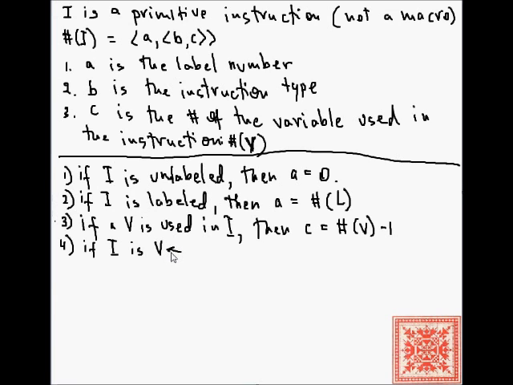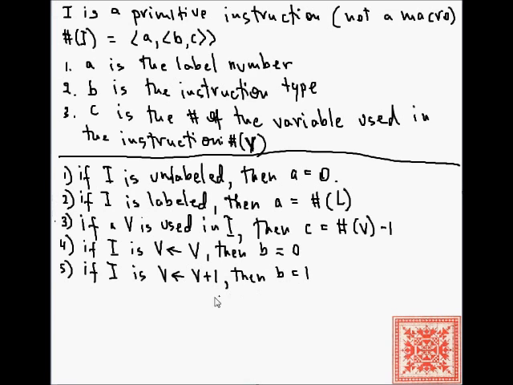If I is the self-assignment or no-op, then B will be equal to 0, right? That's the type of the instruction. If I is of the type V ← V + 1, the increment, then B will be equal to 1.